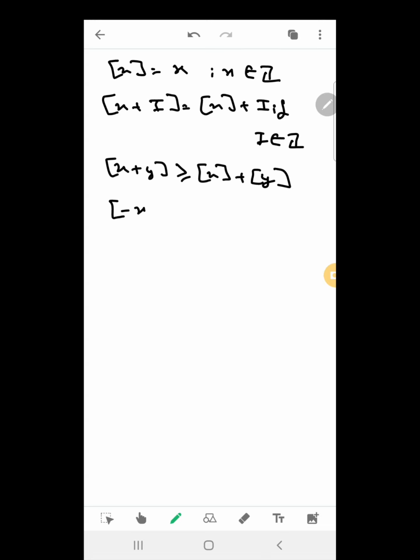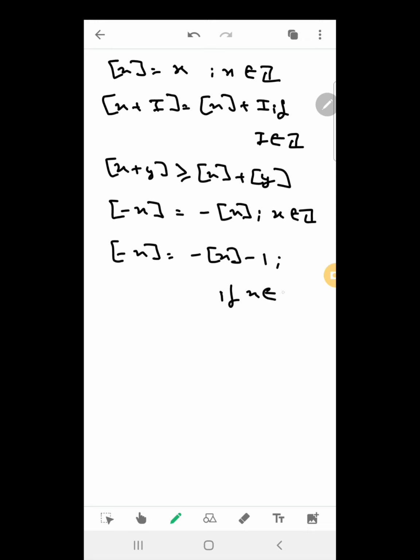Box of negative x equals negative box x if x belongs to integers. Box of negative x equals minus box x minus 1 if x is real and does not belong to integers. So these are some basic properties of the box function.